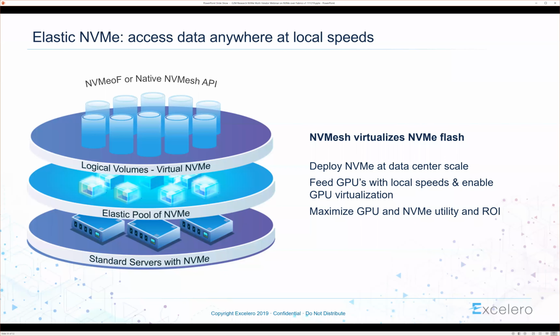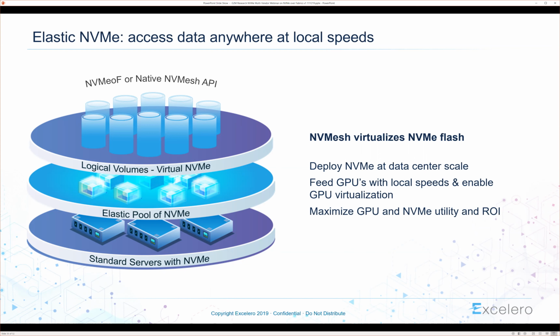You can have all these drives with all their available capabilities, and we virtualize those out, giving you logical volumes, giving you the ability to have failover of both drives and hosts.